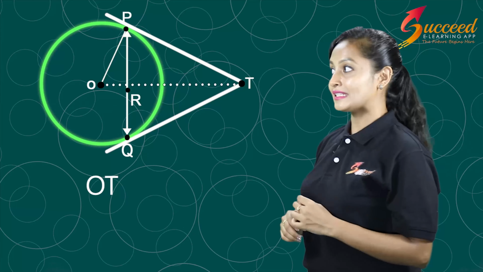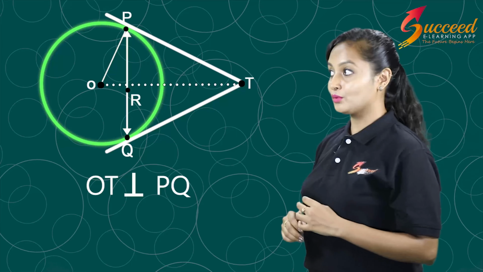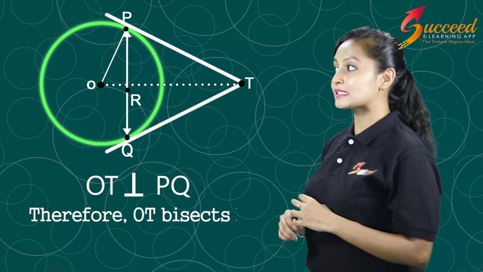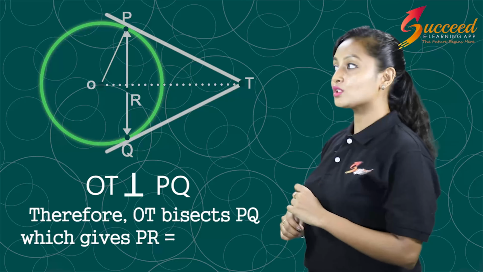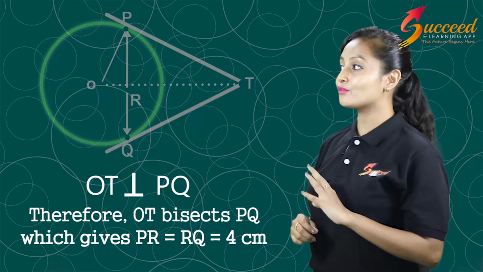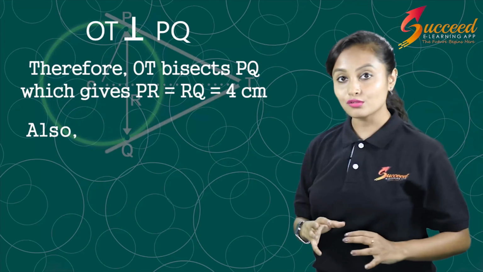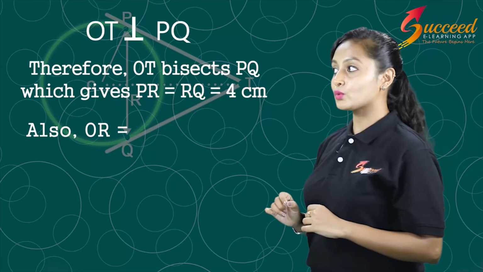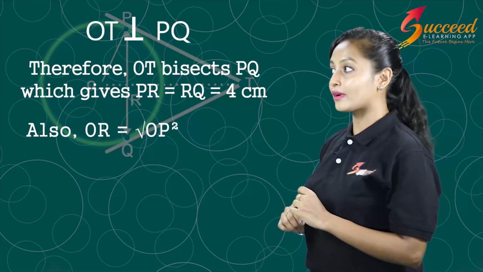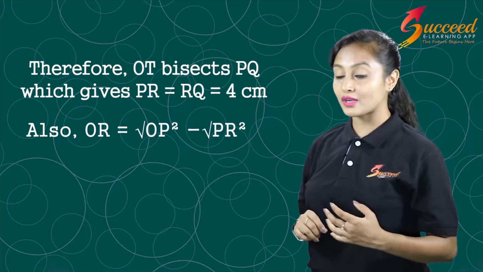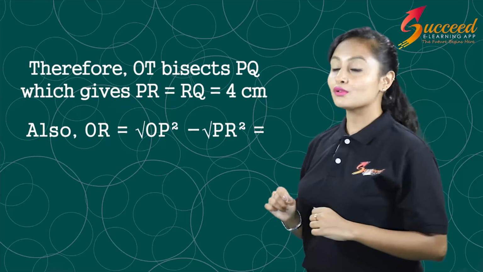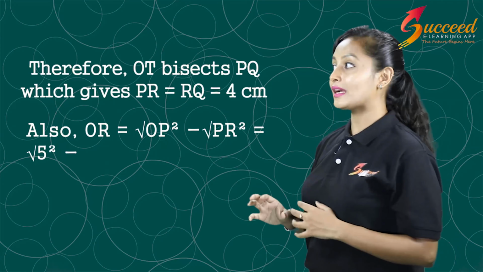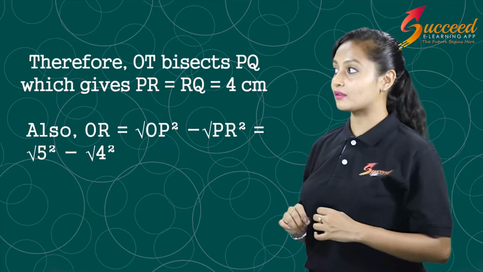So, OT is perpendicular to PQ and therefore OT bisects PQ, which gives us PR is equal to RQ is equal to 4 cm. Also, OR is equal to square root of OP square minus PR square from Pythagoras theorem, which is equal to square root of 5 square minus 4 square.